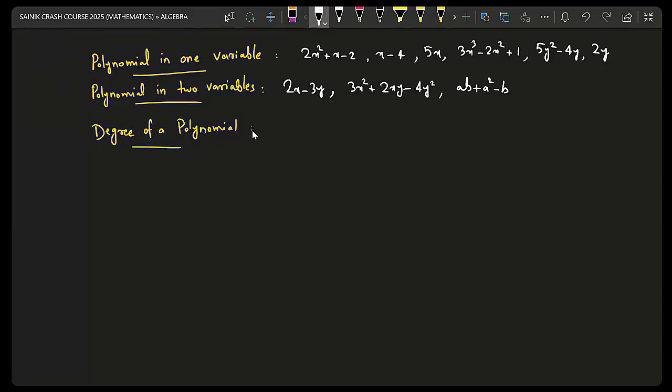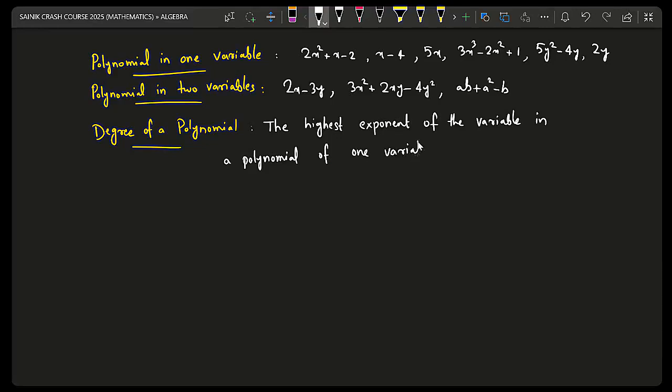The highest exponent of the variable in a polynomial of one variable.